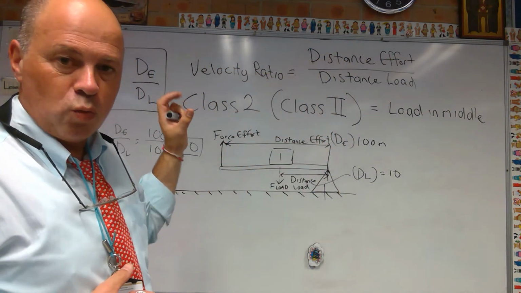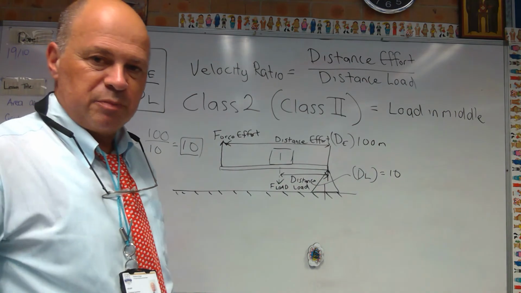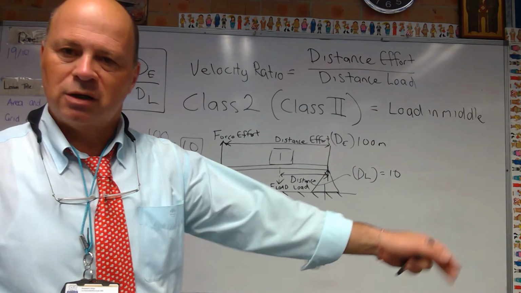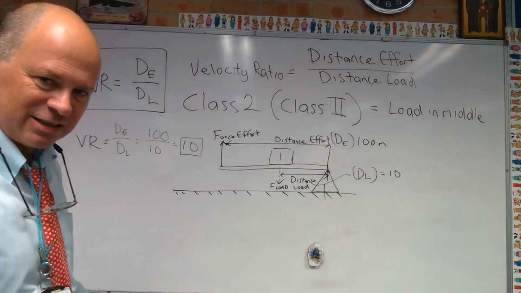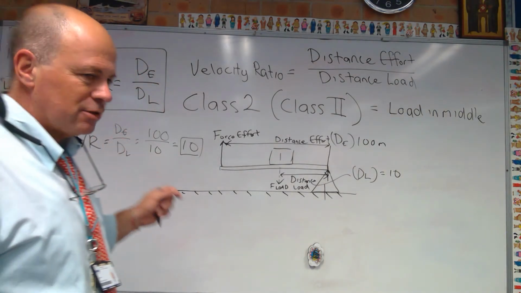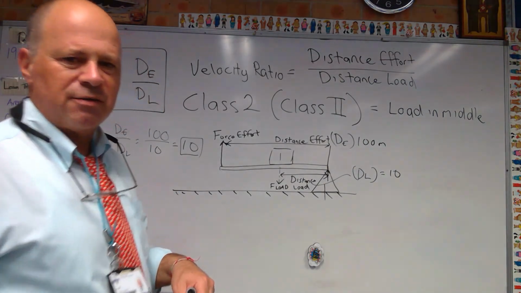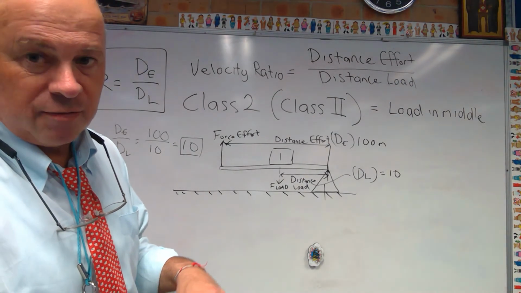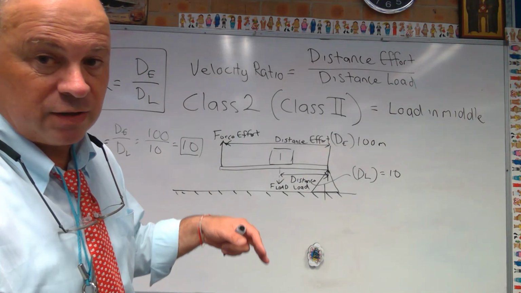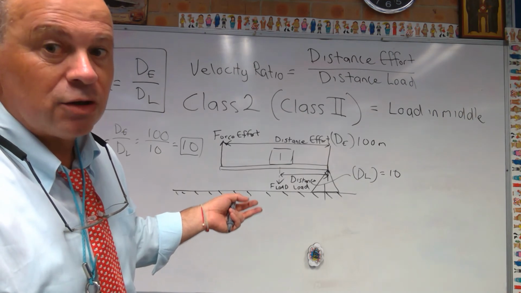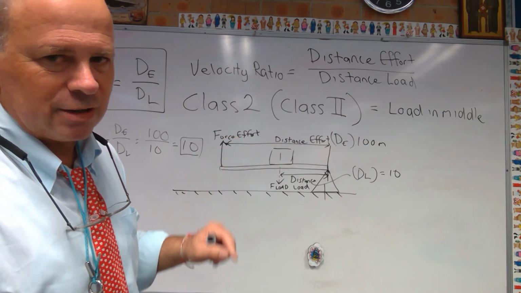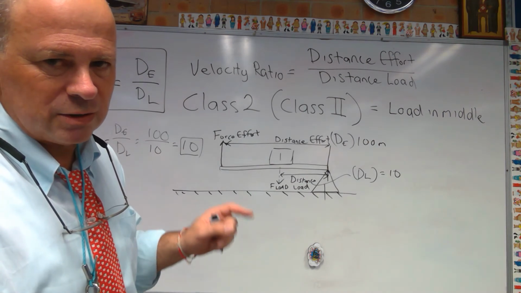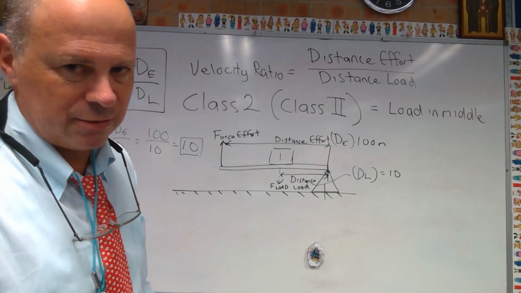So you can have it balanced, or with a huge advantage to yourself, but you can't make it harder for yourself. If they ask, can I have a class 2 lever with a velocity ratio less than 1? No, you can't. You can on a class 1, not on a class 2. So class 2 is always 1 or greater.